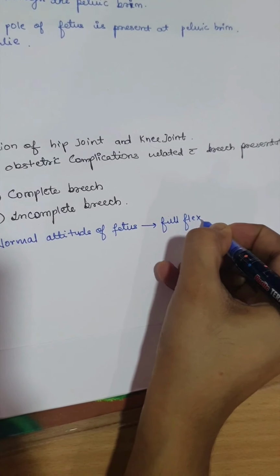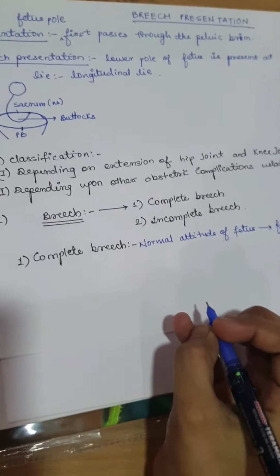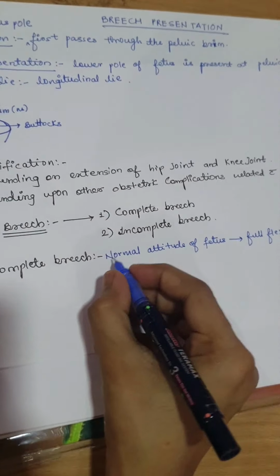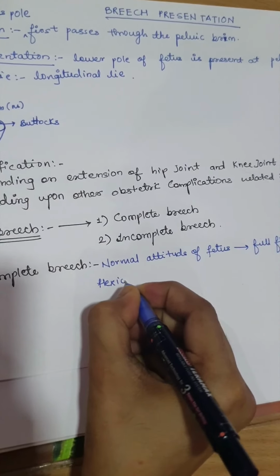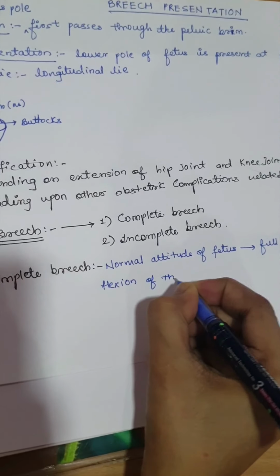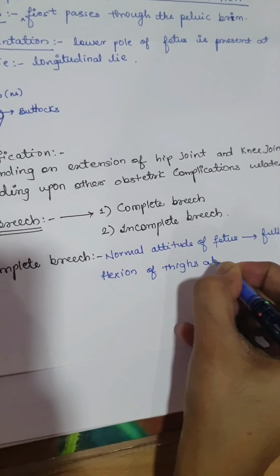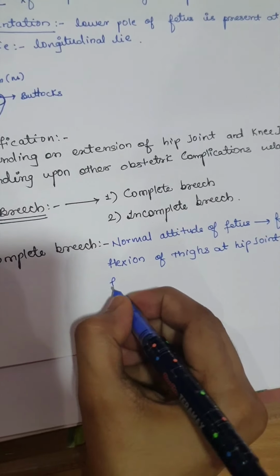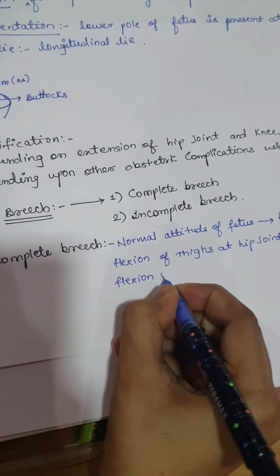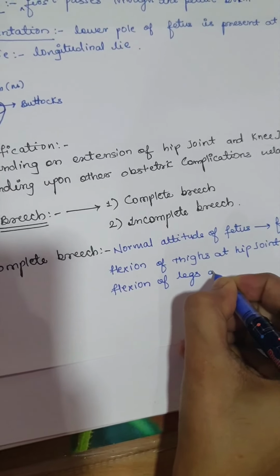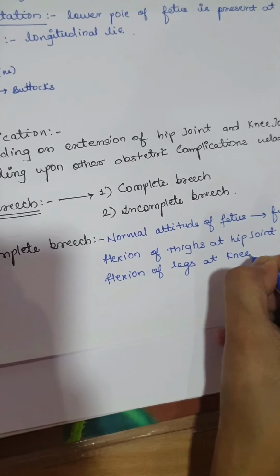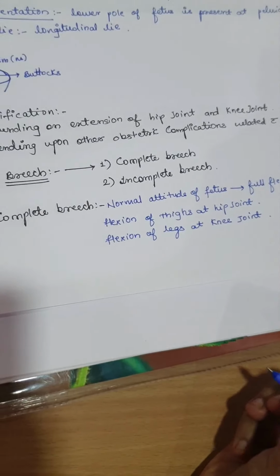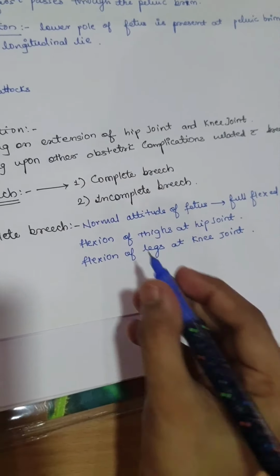So there will be flexion of the hip joint and flexion of the knee joint, flexion of thighs at the hip joint, and flexion of legs at the knee joint. Hence we can call complete breech a flexed breech.